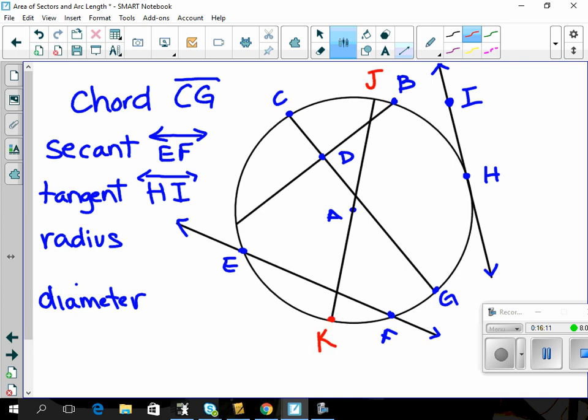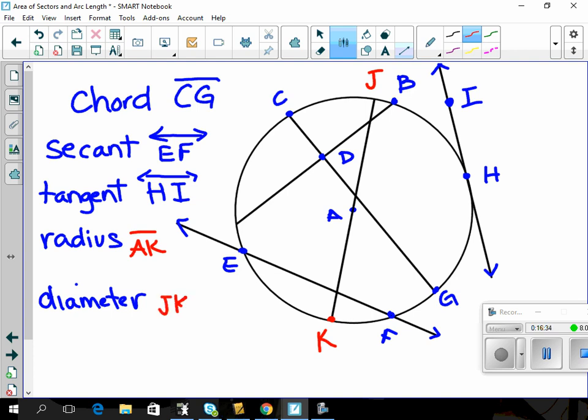So what's a radius? There's a couple of them now. AK would be a radius, because doesn't a radius start at the center and go out to the outside? What's another radius? AJ. Okay, good. How about a diameter? JK. Very good.